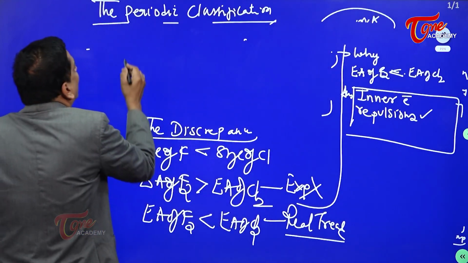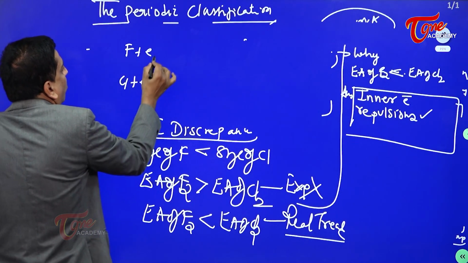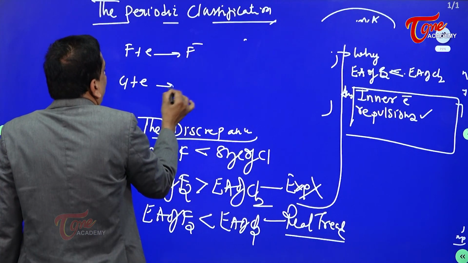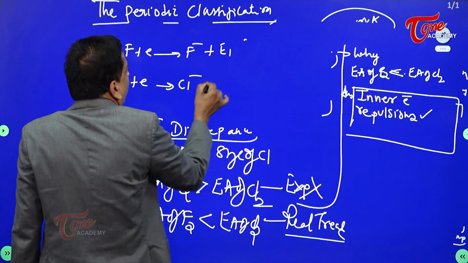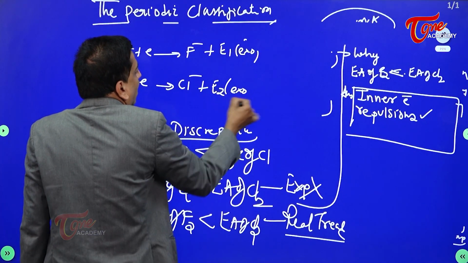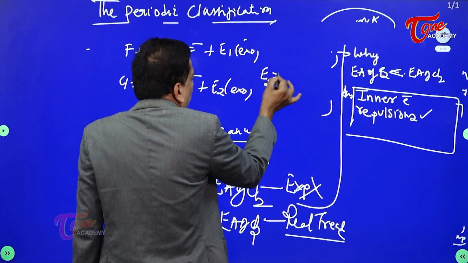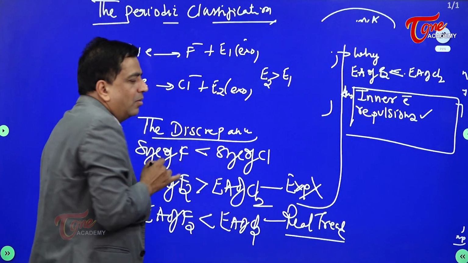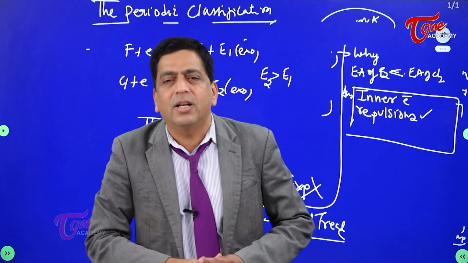And in fact, if I can write it for you, this is how they look. Watch carefully here. If you add one electron to fluorine and chlorine, they both love the electrons, and they readily form what? Cl minus. And you have your energy released here, E1 and what? E2. Both are exothermic. But the value is just greater, two or three points here and there, and the reason for that is inner electronic repulsions.